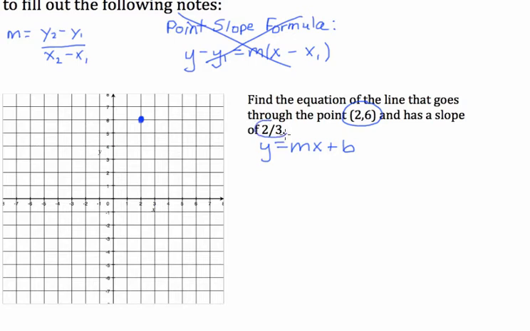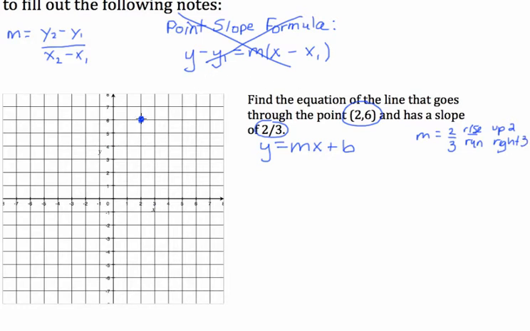And then we're going to use our slope, our m number, which is 2/3. So we know that our rise is 2 and our run is 3. So that means that the pattern is up 2, right 3.